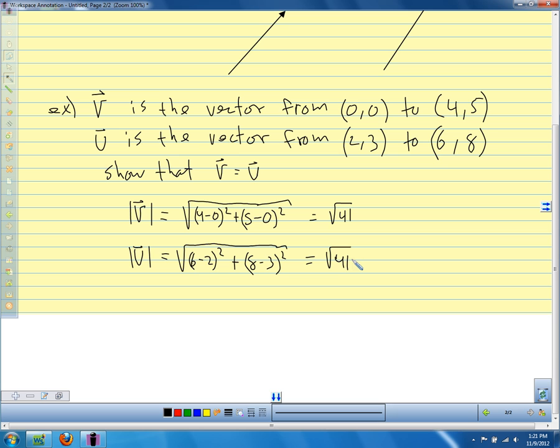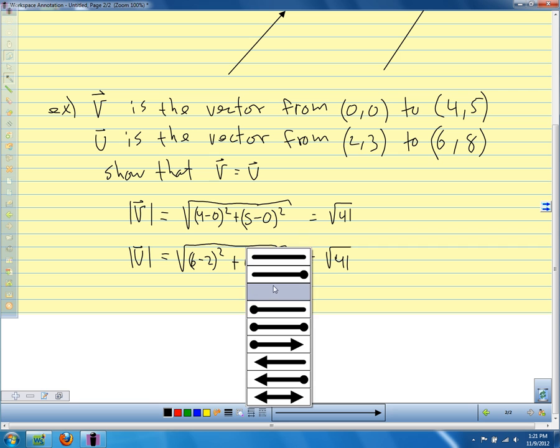How are we going to show that they are pointing in the same direction? What would tell us that they're pointing in the same direction? What do we think? So we want to know they're moving in the same direction. So let me draw two vectors here.